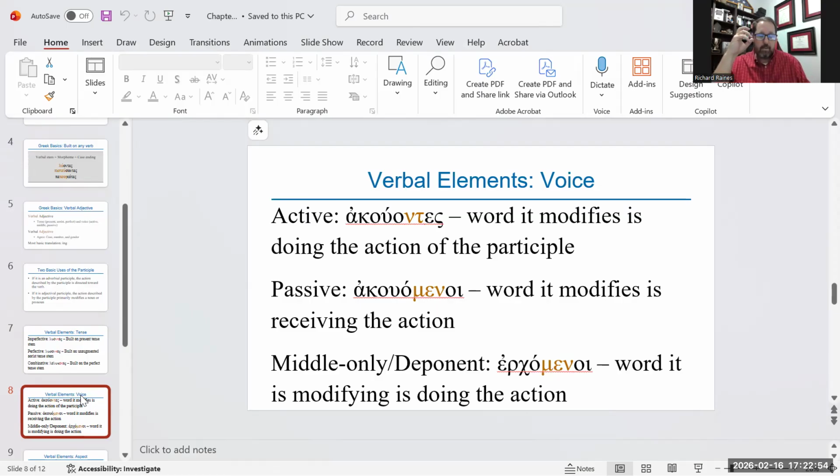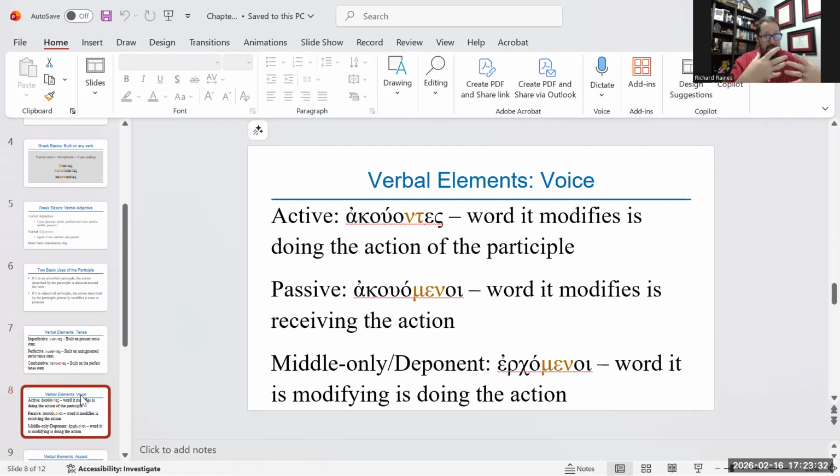So the only way I can really explain this to you is that if a participle is in the active voice, then the word that it modifies is delivering the action. Whereas passive, if you think about somebody being passive, they're having something done to them, then the word that the participle modifies is receiving the action.